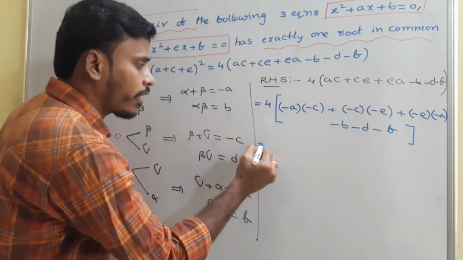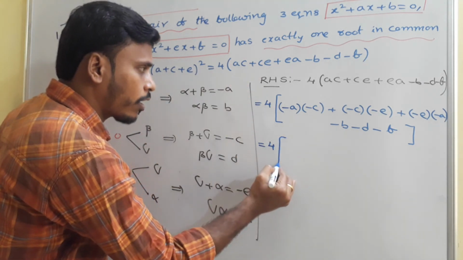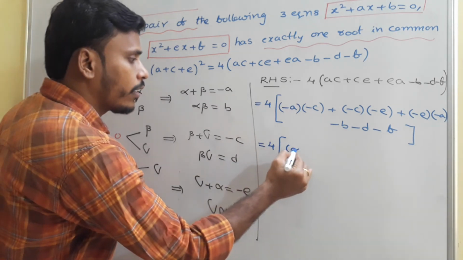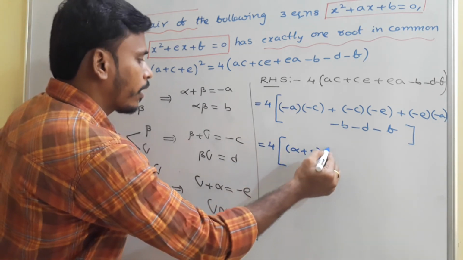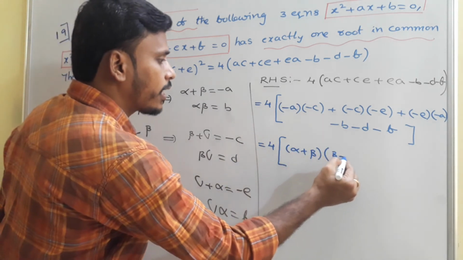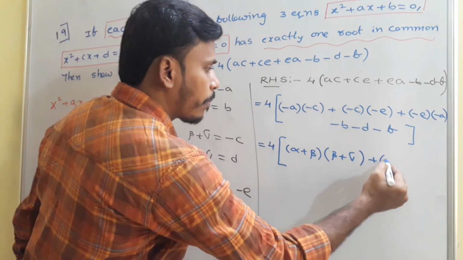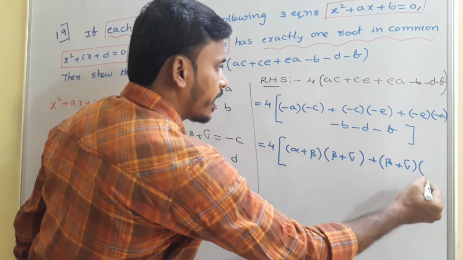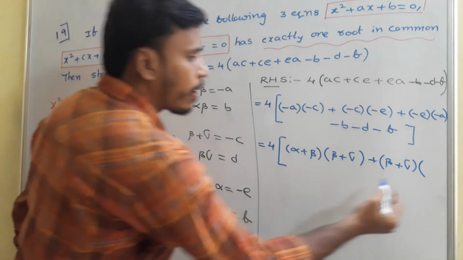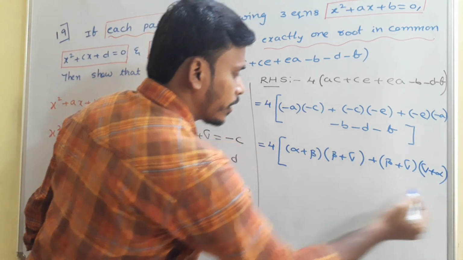You just replace in terms of alpha, beta. So 4 times of minus A is alpha plus beta, minus C is beta plus gamma, plus minus C is beta plus gamma, and minus E, okay, is gamma plus alpha. Just look there.